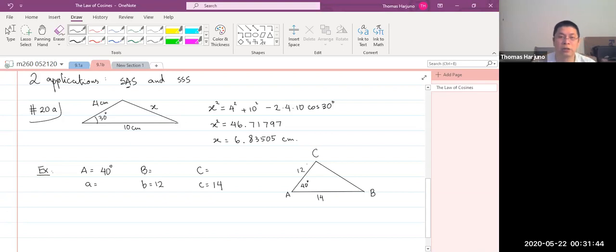Now in this situation, which part can I compute first? You don't have a pair, so you cannot use law of sine. What we can do is use law of cosine to find the side opposite of this 40. That's what we can do first.